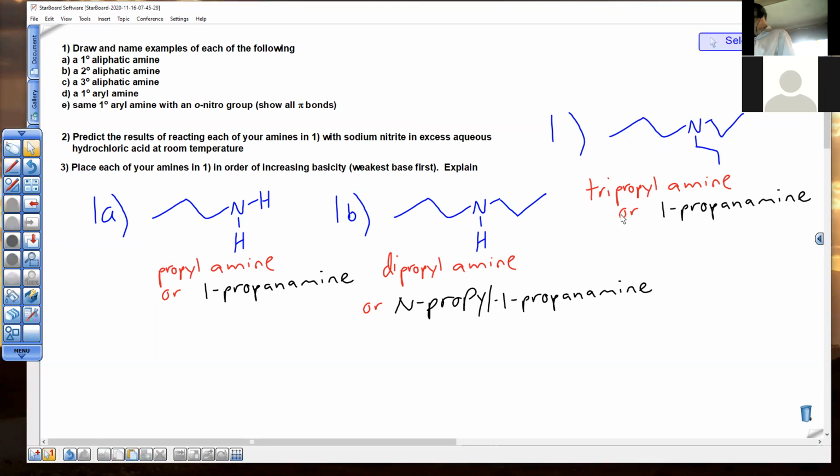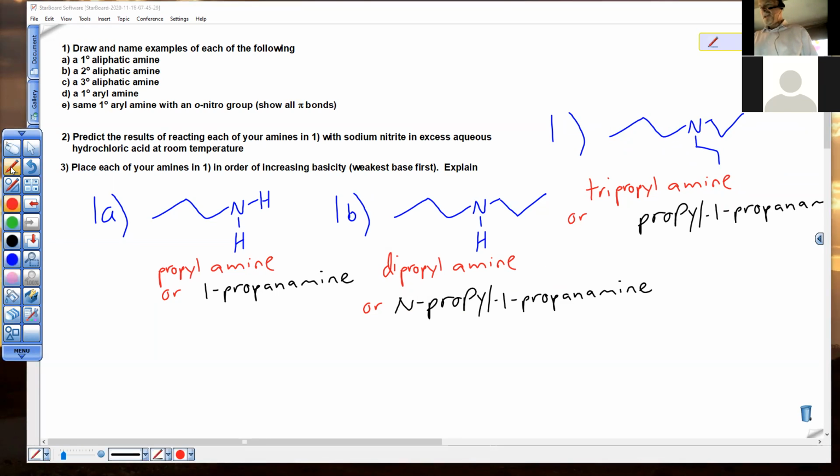Or it's 1-propanamine. How do you say there's 2 propyls on nitrogen? Get your eraser out. Should have started from scratch. N,N-dipropyl-1-propanamine. And it's 1C.